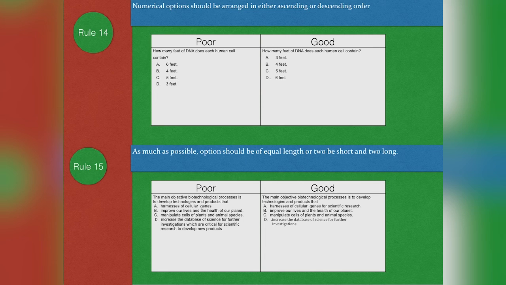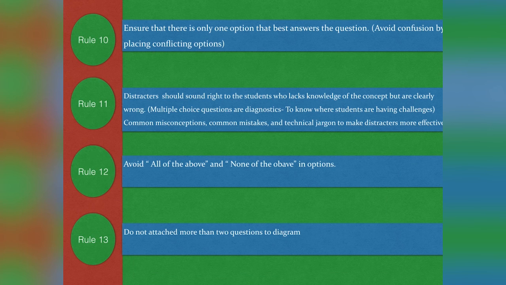Okay, I think I omitted a 13 before. So rule number 12, you avoid all of the above and none of the above here in the option.